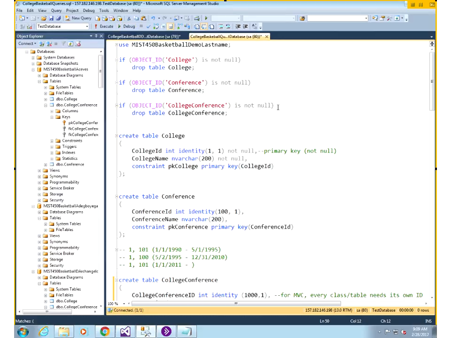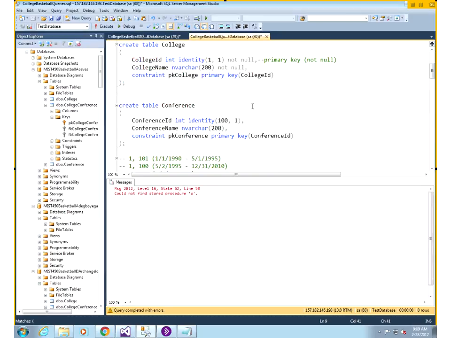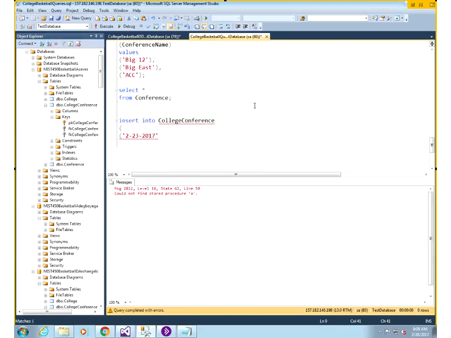If I just go ahead and execute this, will I encounter any problems? Okay, could not find stored procedure. Okay, let's insert into.